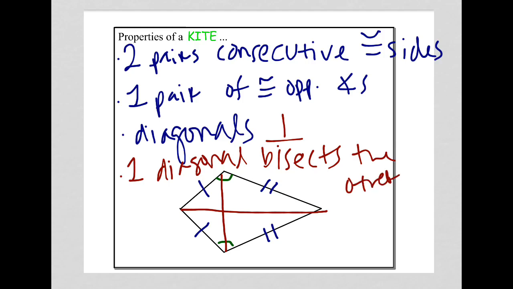Only one is bisected. So again, I'm not looking at this short one and this long one, right? I'm looking at the two that are the same length. Diagonals are perpendicular, and that one is bisected, so it makes two congruent parts.